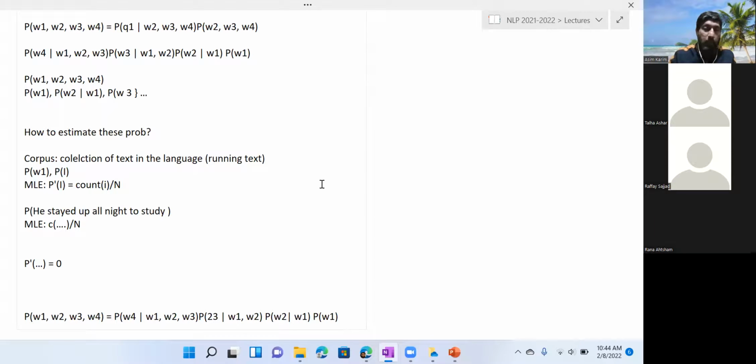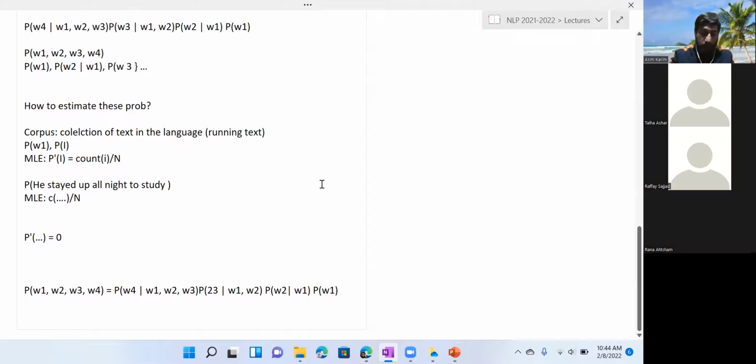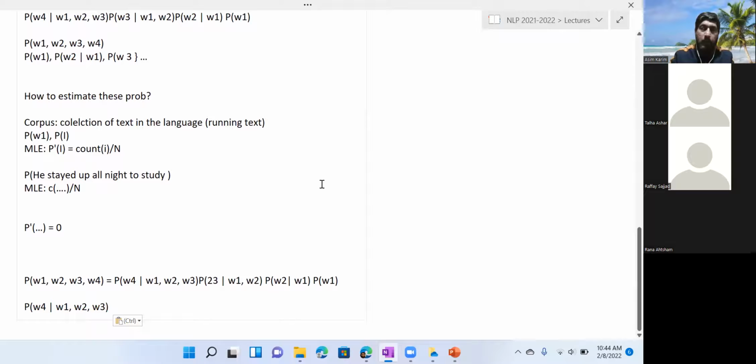But again, if you look at the second term here, if you want to estimate this term, you need to find the count of W1, W2, W3, W4, and divide by the count of the context, which is W1, W2, and W3.